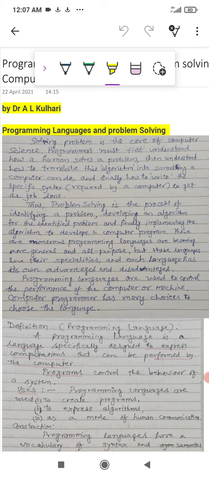Problem solving first is the core of computer science.